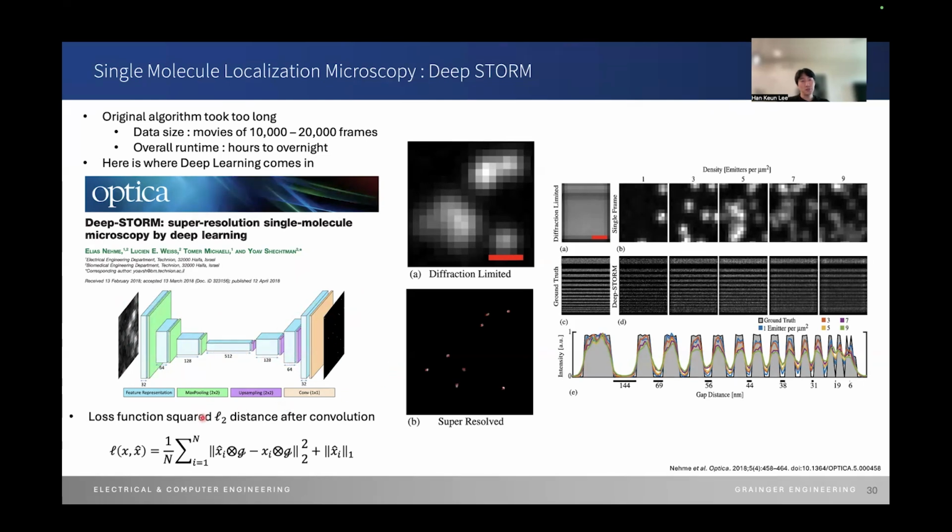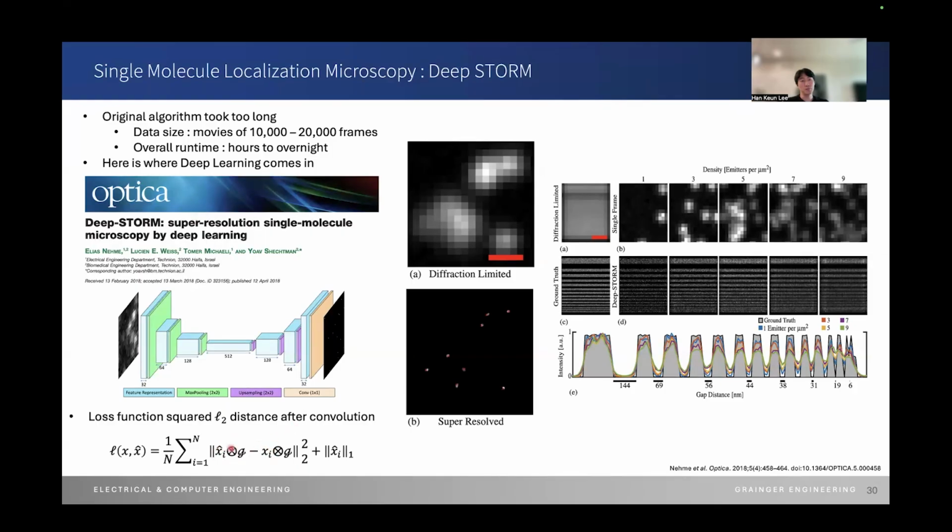The loss function they utilize here is the L2 norm, where they have the predicted locations and also the ground truth locations. What they did is convolve the ground truth locations with the point spread function that they model, and also convolve the predicted locations with the point spread function as well, subtract them and square.